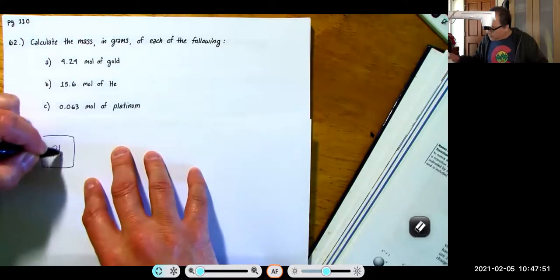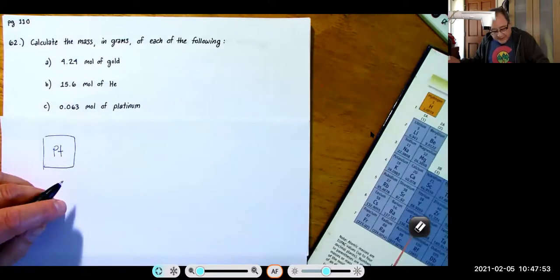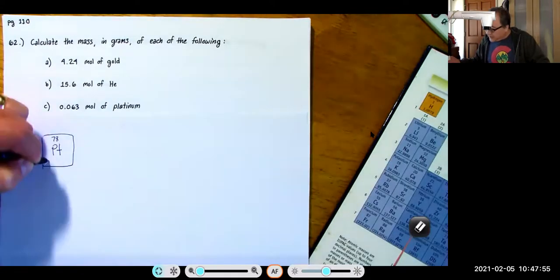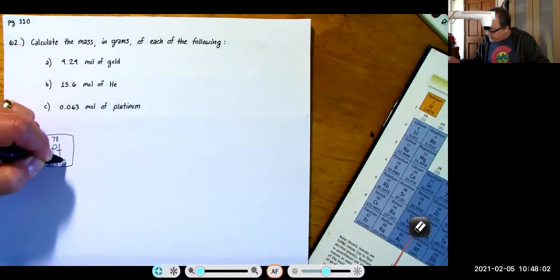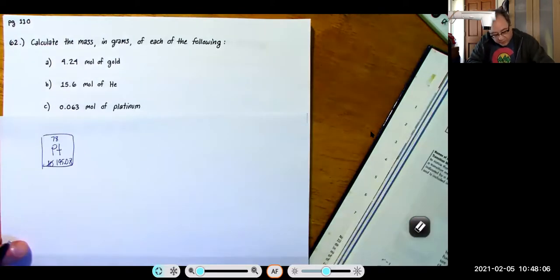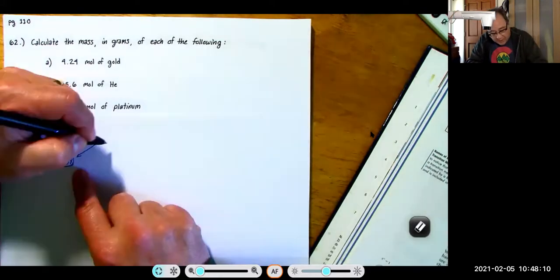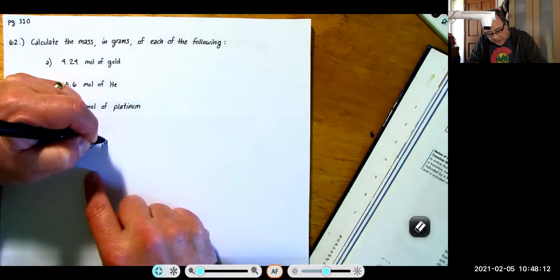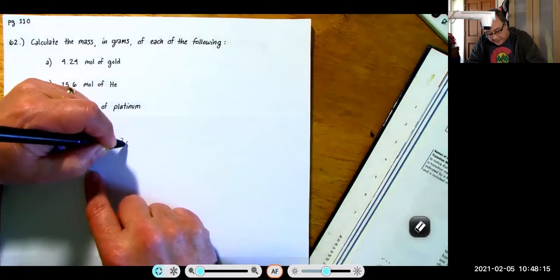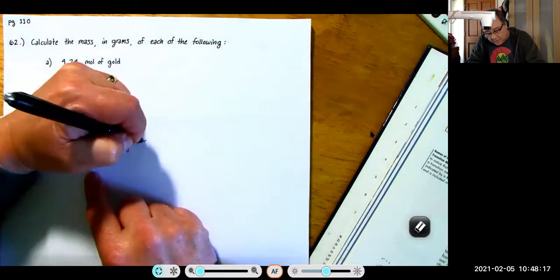In our book, you'll find platinum has a 78 at the top, and it has a 195.08 at the bottom. And we are supposed to remember that 195.08 grams of platinum equals 1 mole of platinum atoms.